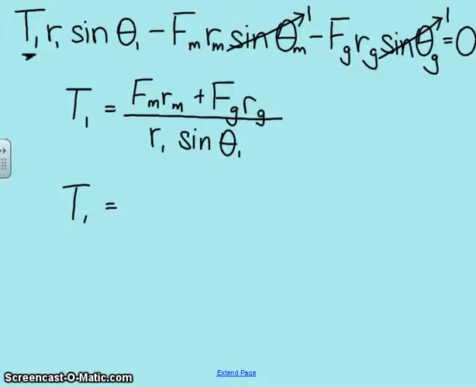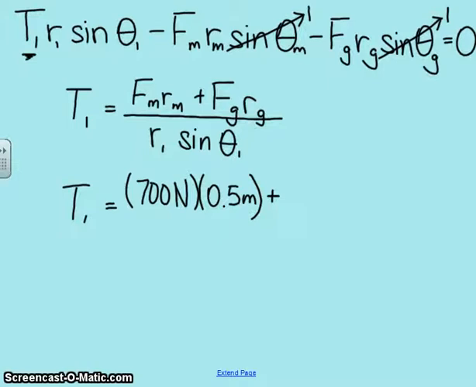Plugging numbers in, I see that Fm tells me the man is a 700 Newton person. And so 700 newtons is that force, and he's located at 0.5 meters from my axis of rotation. 0.5 meters is R. And then I have the force of gravity. Now notice that's only a magnitude.